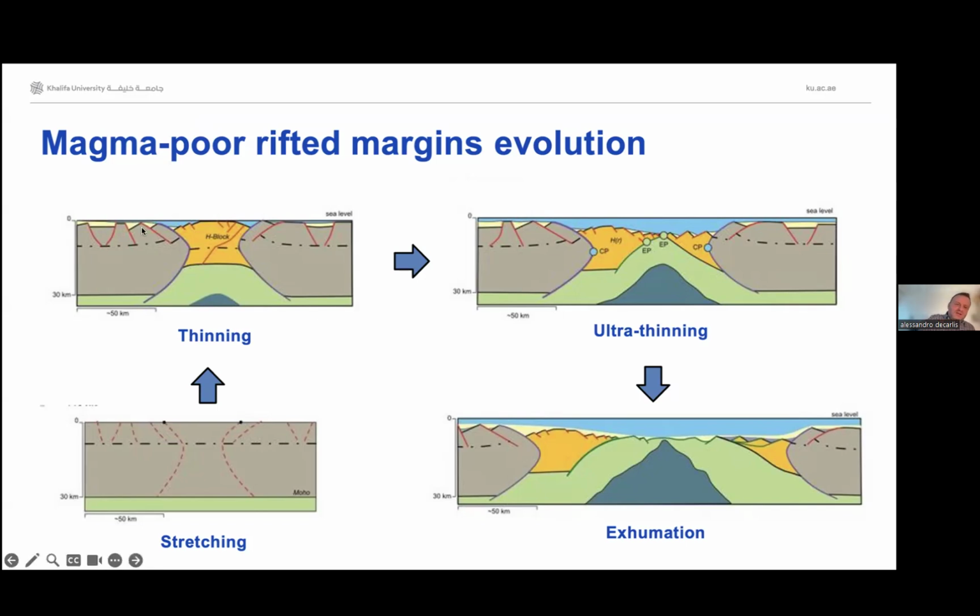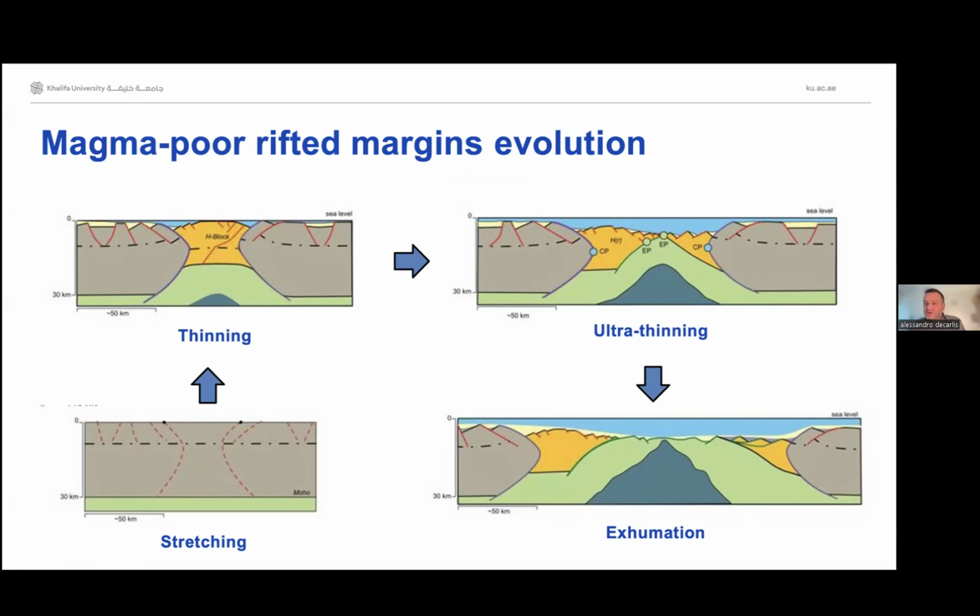Those necking zones are those V-shaped domains in which we have the coupling of middle to lower crust tectonics with upper crust tectonics. And in this case, we moved the tectonics to the center of the system in this yellow block, which is called the keystone block or H block.